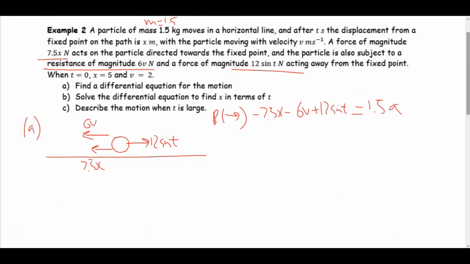Now that's turned into a differential equation. We can replace v with dx by dt and a with d2x by dt squared, and this is going to give me minus 7.5x minus 6 dx by dt plus 12 sin t is equal to 1.5 times d2x by dt squared.